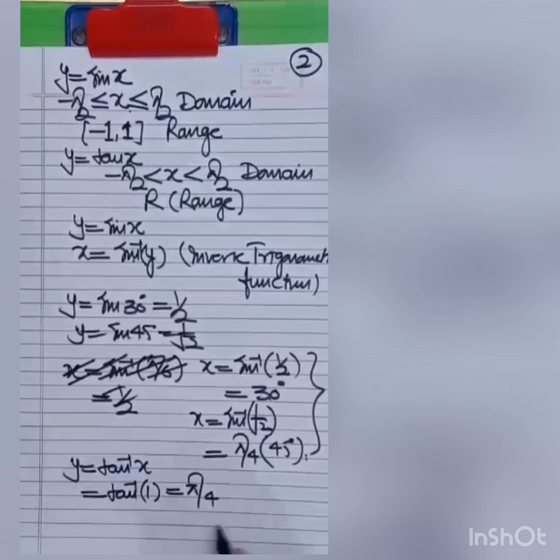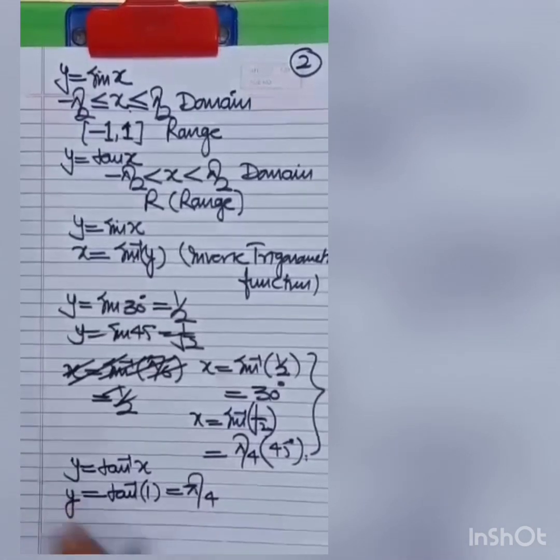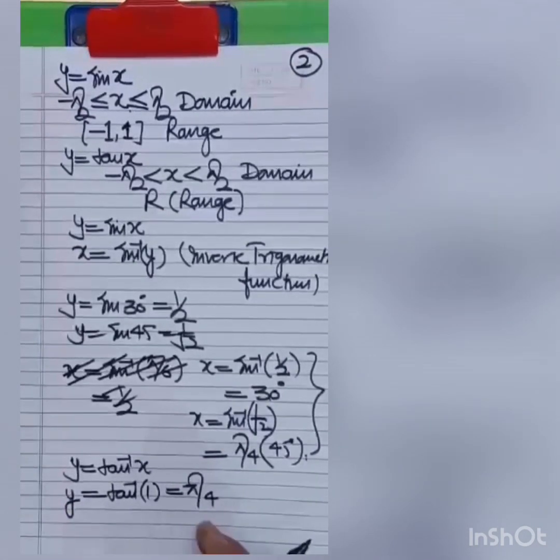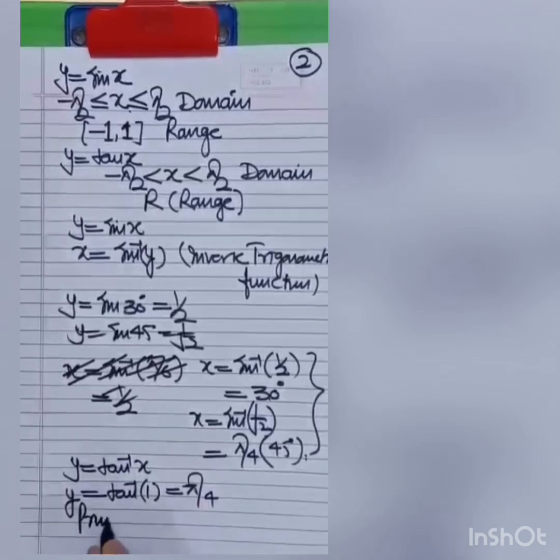Now there are some conditions applicable on the value so obtained, that is called the range of the inverse trigonometric function. This restriction is called the principal value branch.